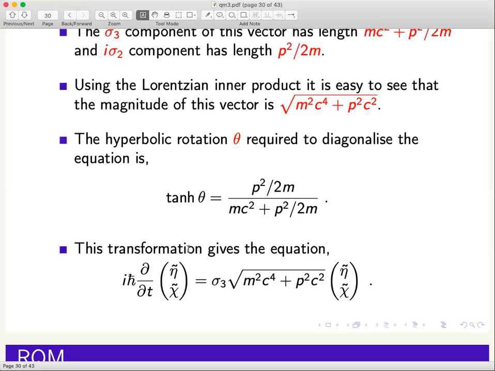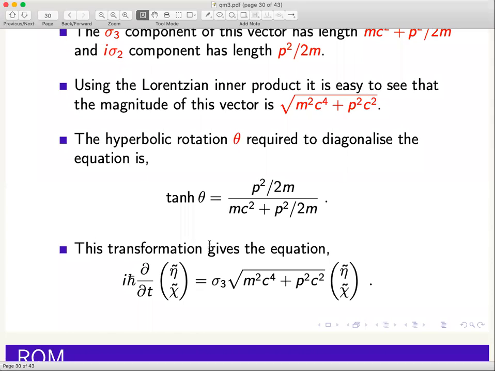In the original Klein-Gordon equation, we had psi as a scalar. It didn't transform under Lorentz transformation.